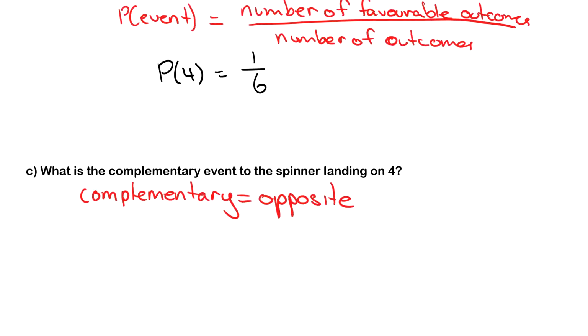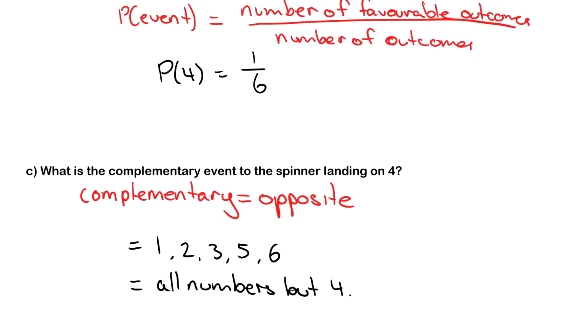We're not doing probability, we're just doing the events. Therefore, it'll be 1, 2, 3, 5, 6, or all numbers but 4. You could also write that.